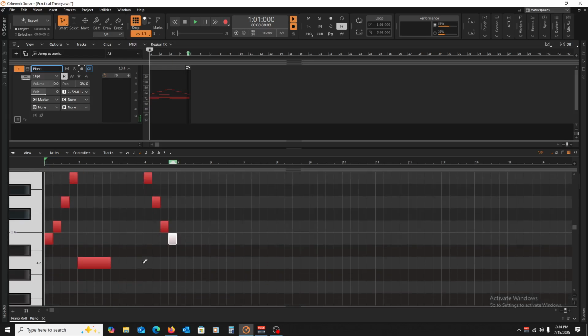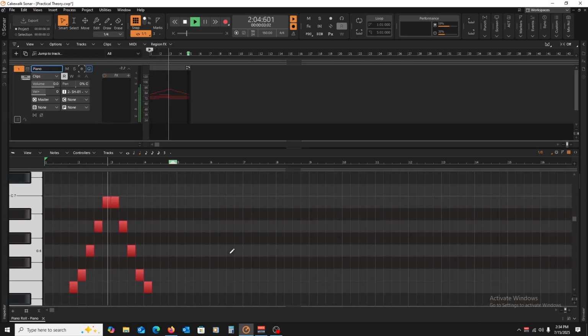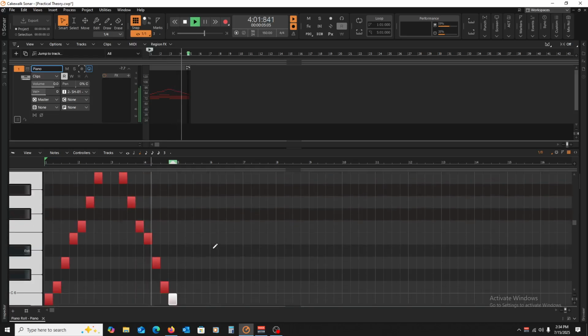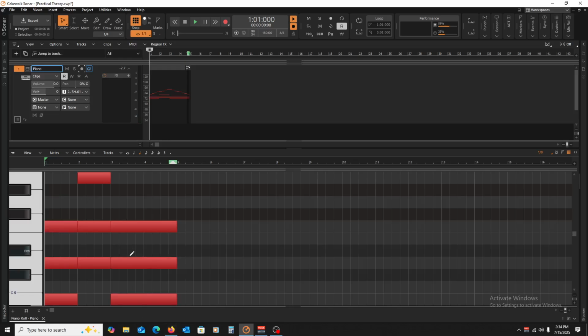All right, and so here would be a Locrian feel. Okay, and that's a 1-3-1 chord progression.